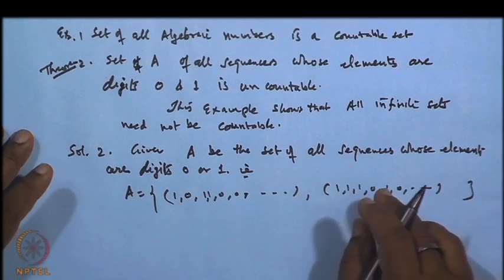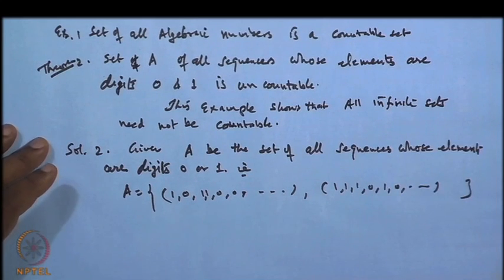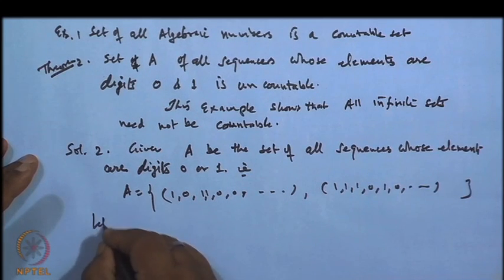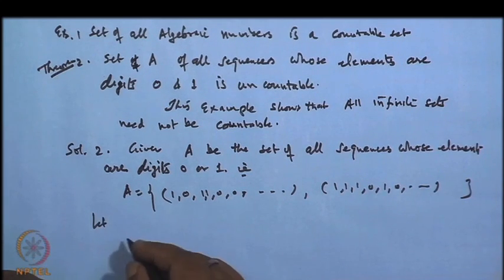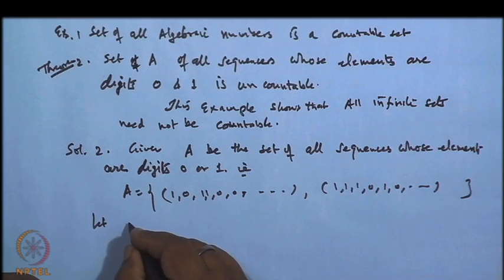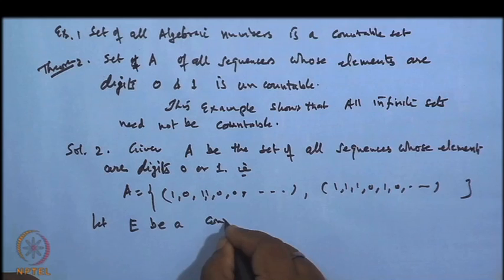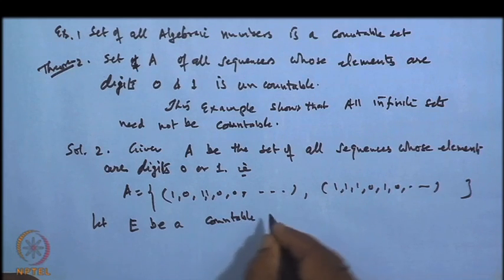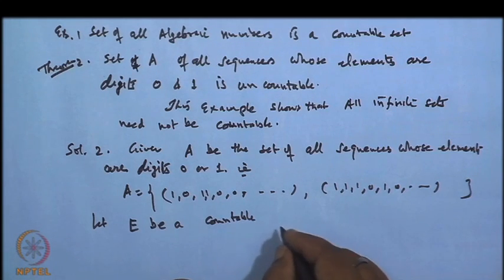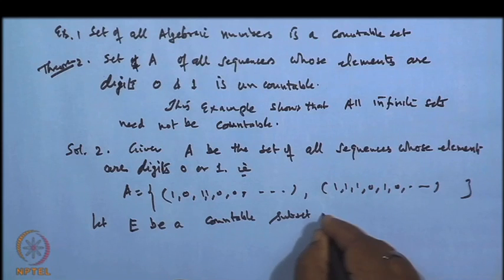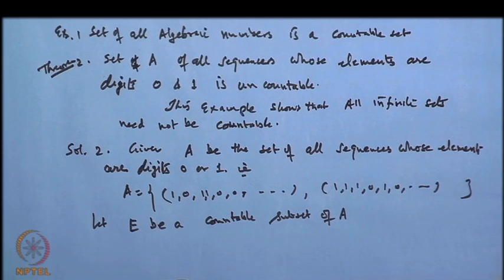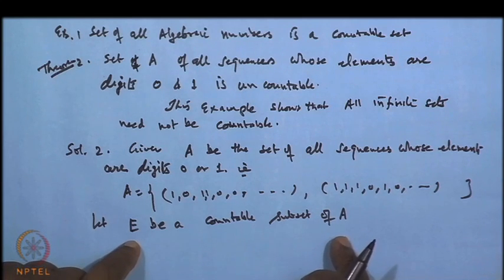Proof. Let E be a countable subset of A. It means every element of E can be arranged in the form of a sequence.